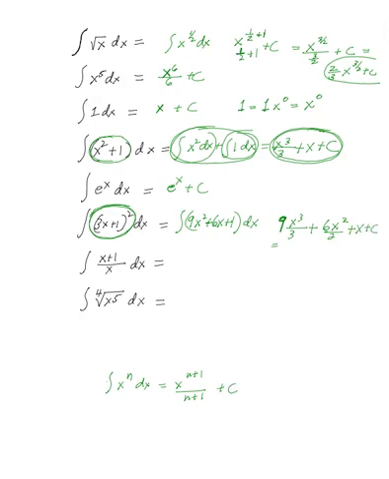So that's 9x cubed over 3. That's just x cubed. 6x squared over 2, that's just 3x. And I have my answer.